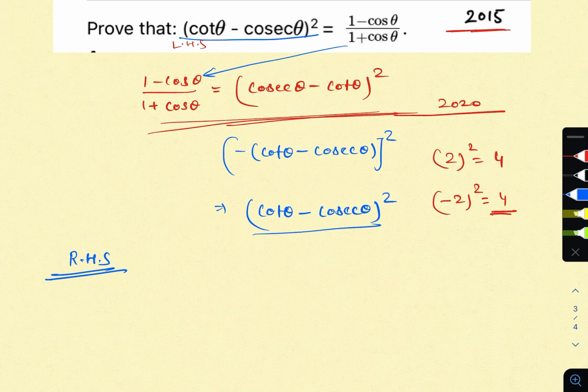You can start from the right hand side, or from the left hand side, or in some questions we can simplify a few steps in the left hand side and a few steps in the right hand side, and after simplifying both sides, we can show they are equal, and then also the answer can be proved. This is our choice from where we start, but we need to prove both sides equal.